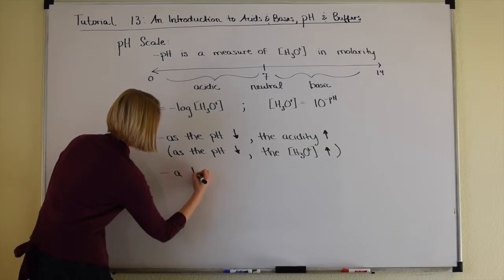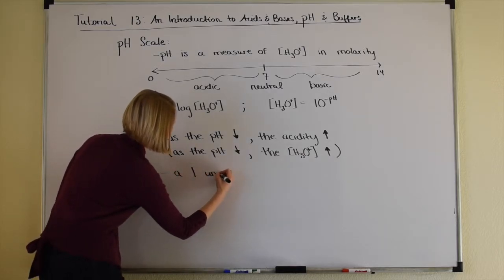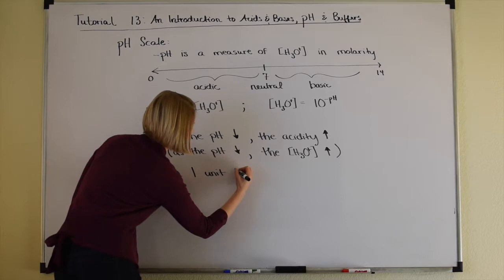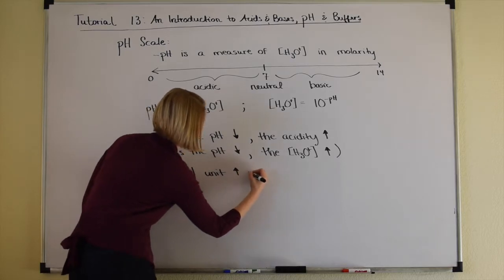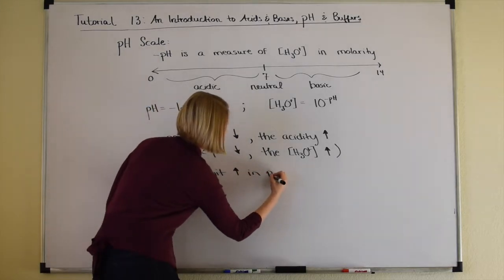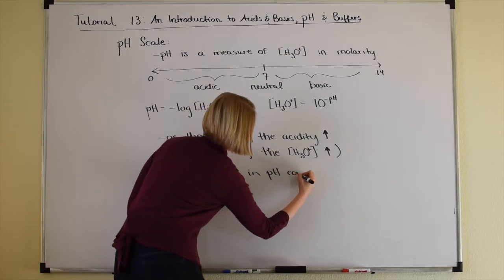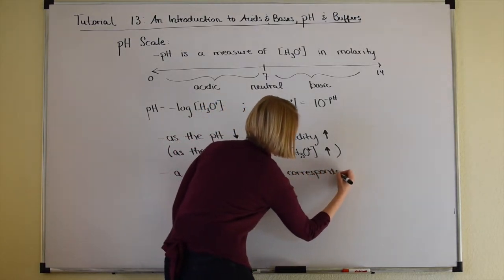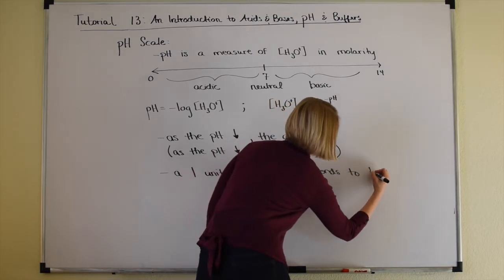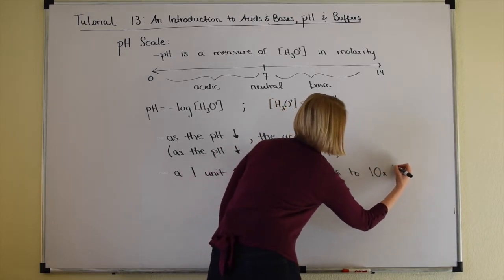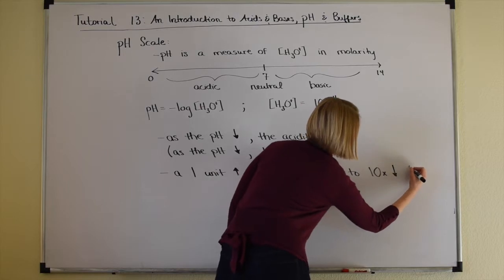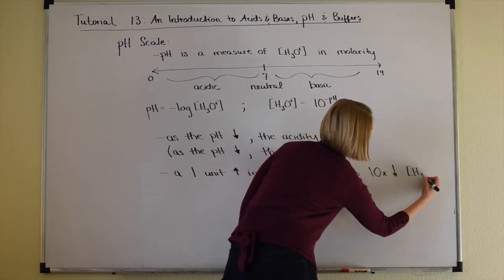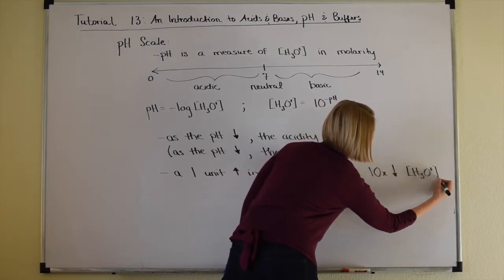A 1 unit increase in pH corresponds to a 10-fold decrease in the hydronium ion concentration.